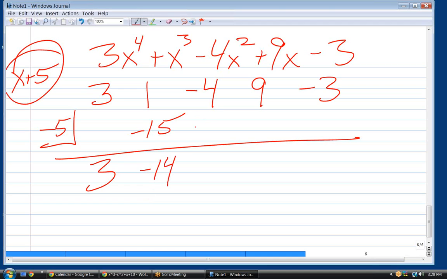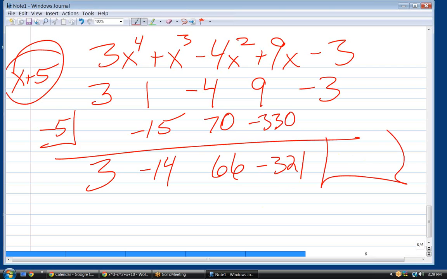The sign is as important as the number is. If you don't have the sign right, you're not getting it right. And then minus 70, 66, 330, negative. Well, clearly that's not a solution either. It's not equal to 0. So I don't know why they keep giving you these problems where they're not solutions.